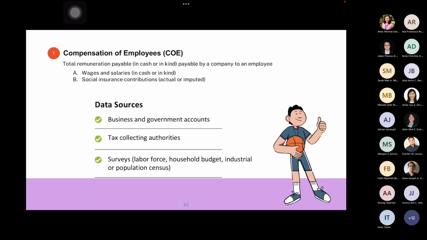So they can provide data on the compensation of employees and will be useful as it can cover industries that are not usually in the scope of usual account statistics or surveys. And then lastly, we have surveys such as labor force, household budget, or population or censuses.